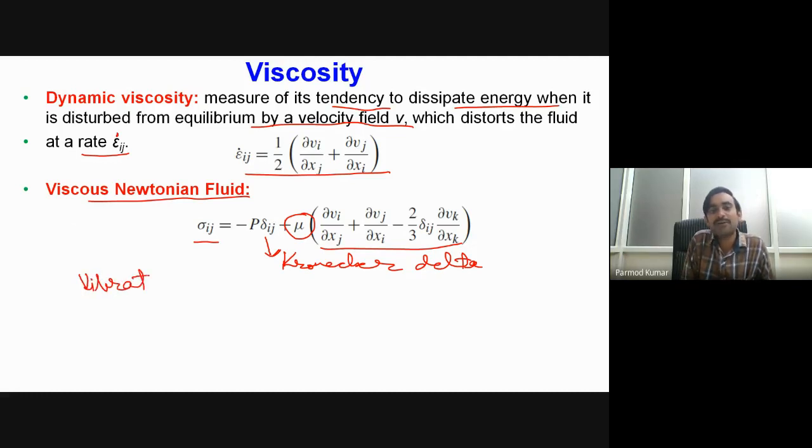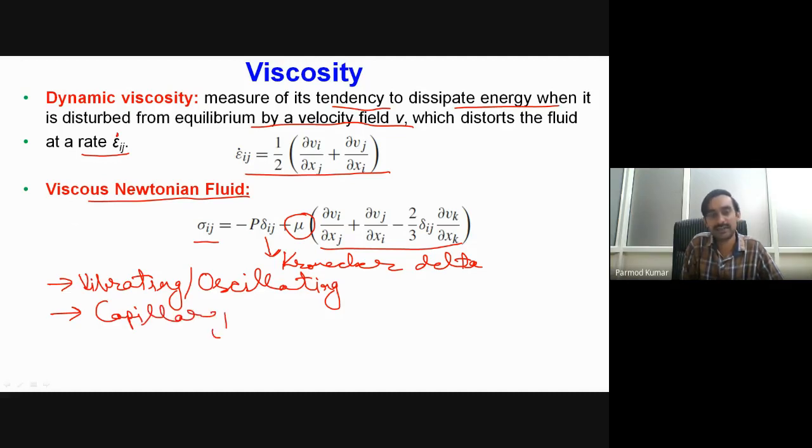The very first type are vibrating or oscillating type viscometers, which have some characteristics identical to some of the density meters which we have studied. The second category is capillary tube type devices for measuring viscosity.